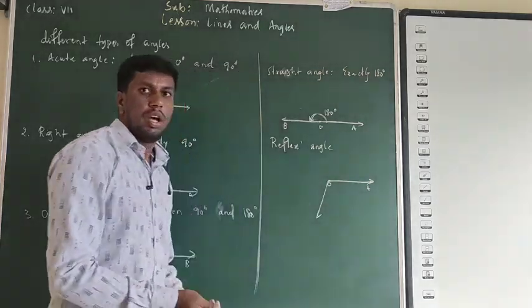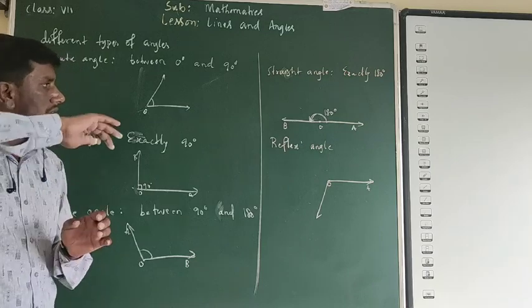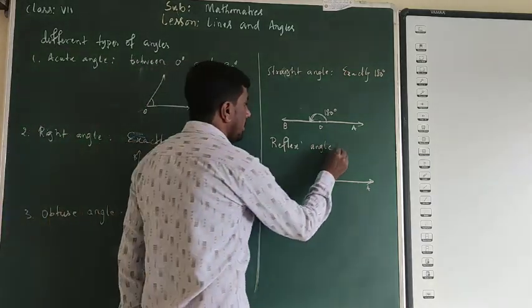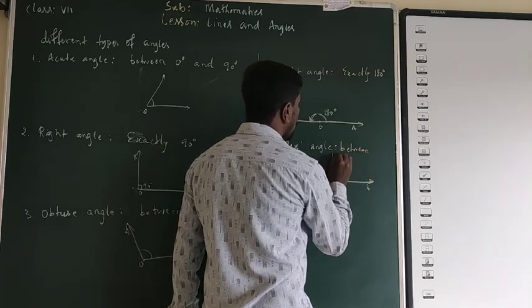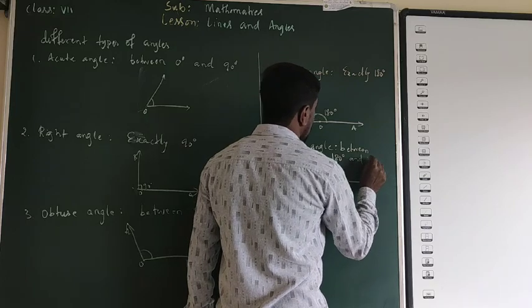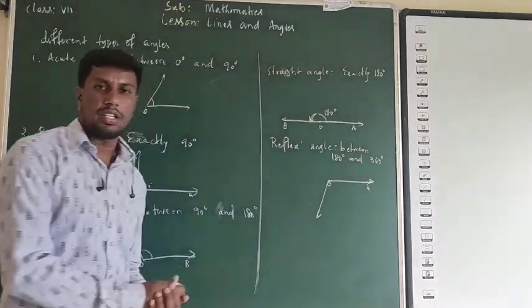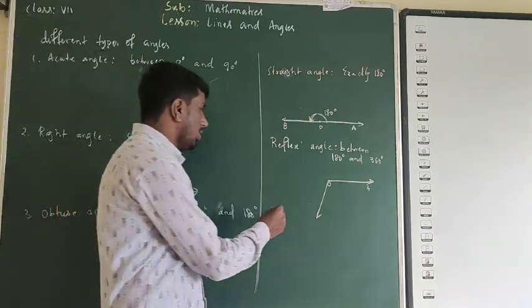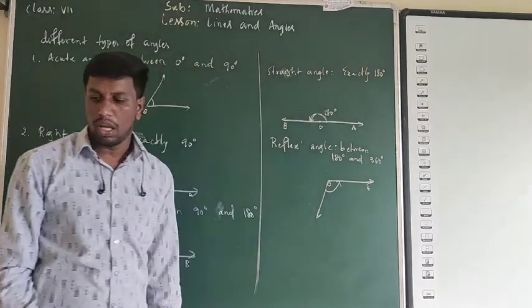This is more than 180 degrees and less than 360 degrees. You can write it as between 180 and 360. That is the reflex angle. Now this is a reflex angle.